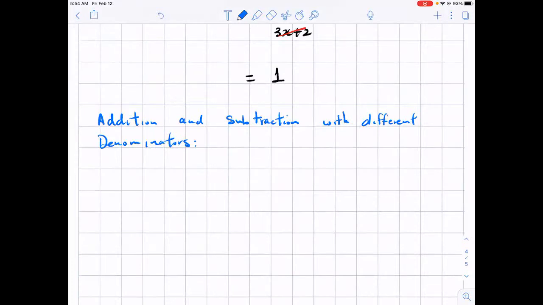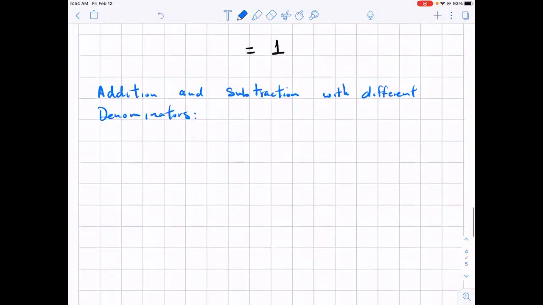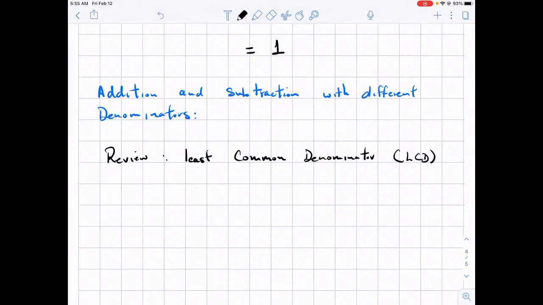And before we look at any example of addition of fractions with different denominators, we need to review what is least common denominator. The abbreviation is LCD.